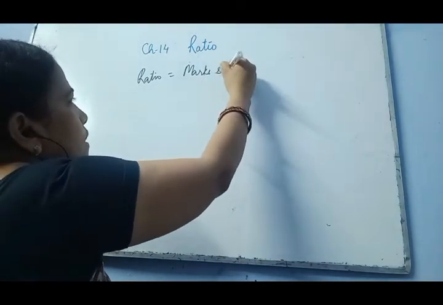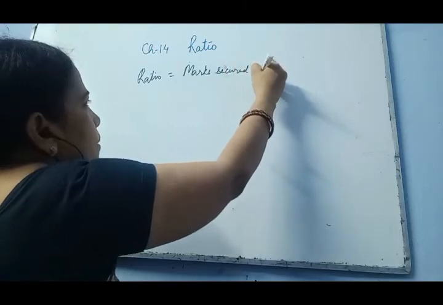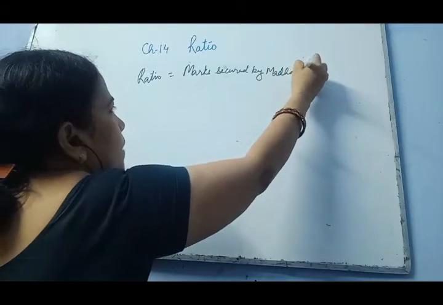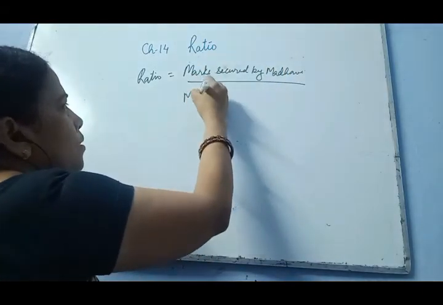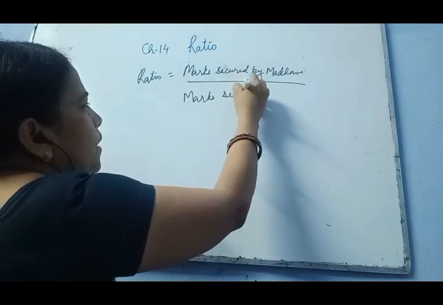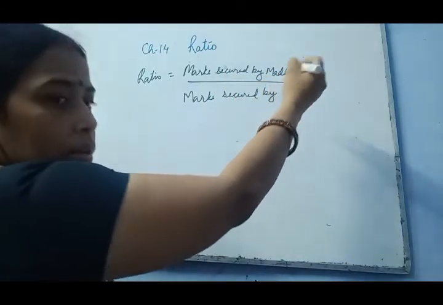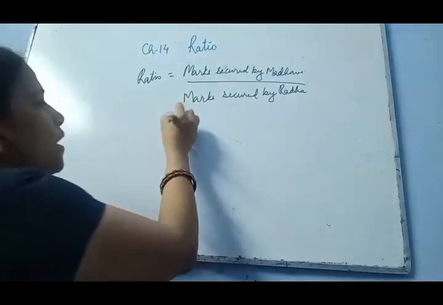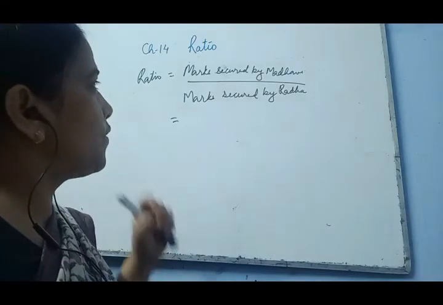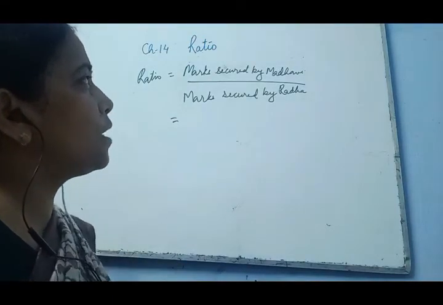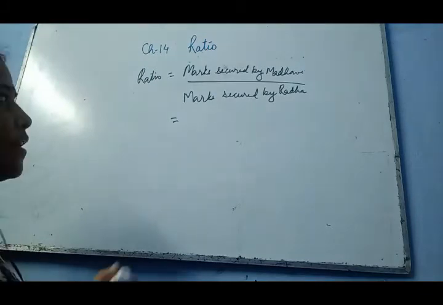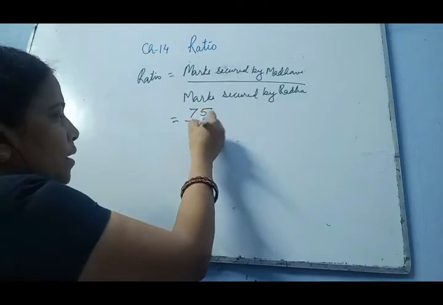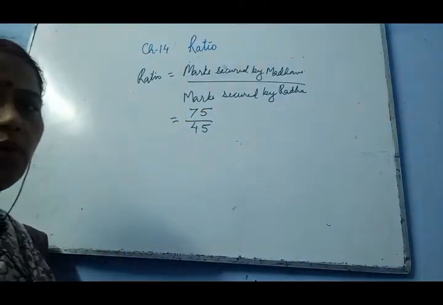So marks secured by Madhavi divided by marks secured by Radha is equal to, we find the ratio by dividing both the numbers. So here it has been given 75 by 45.